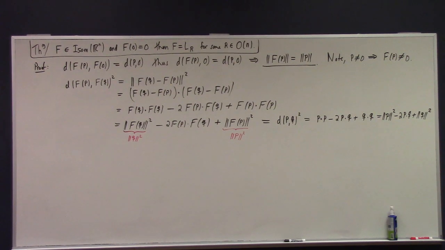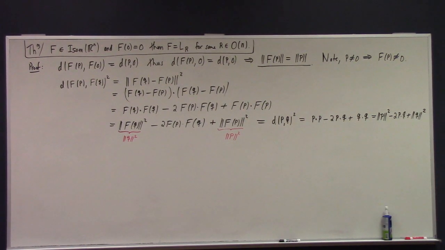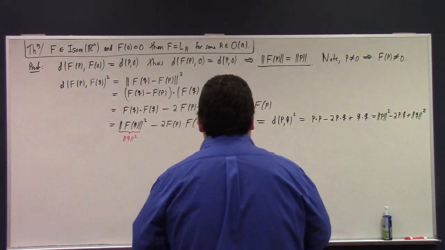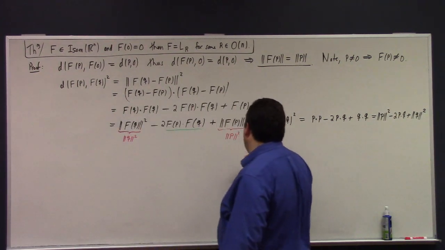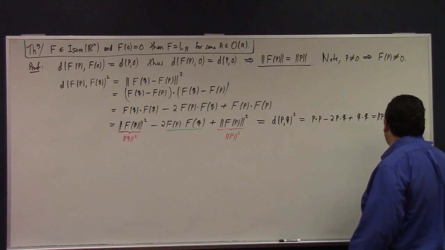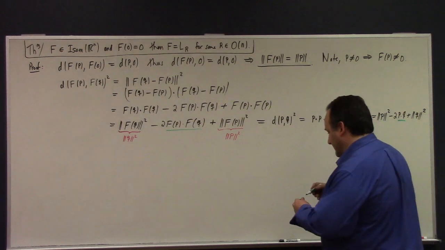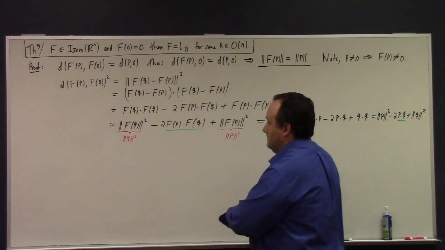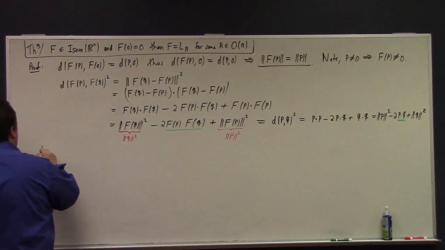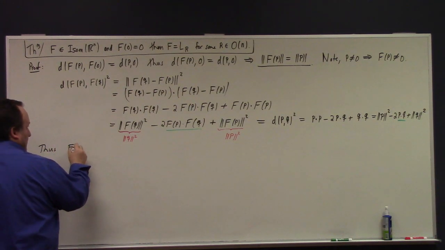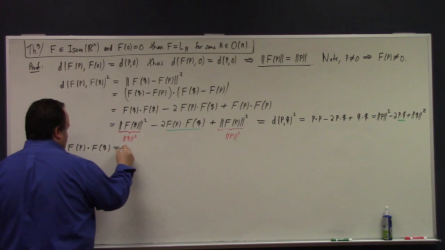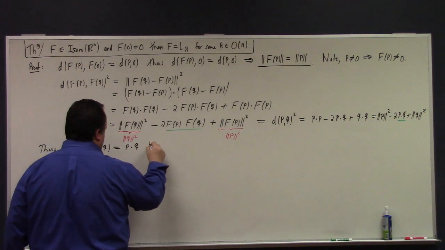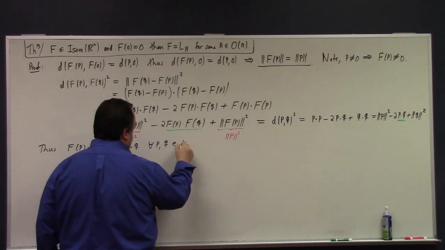What do we have here exactly? Those things are canceling, right? It just leaves us with that is equal to that. Therefore, f of p dot f of q is equal to p dot q for all p and q in Rn.